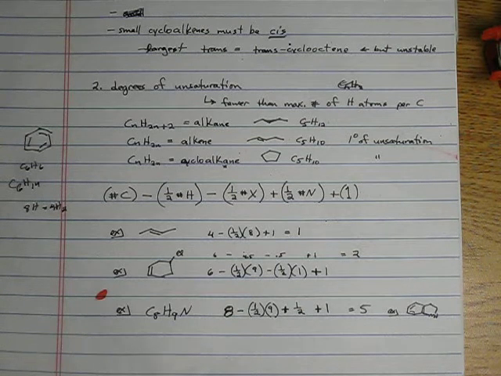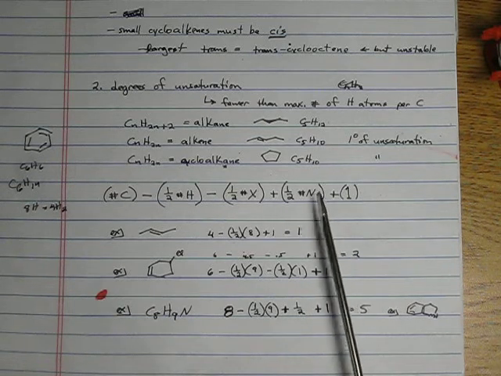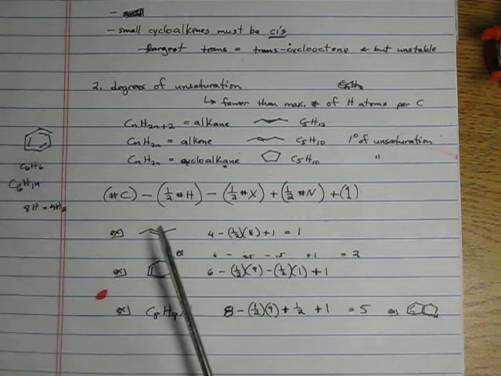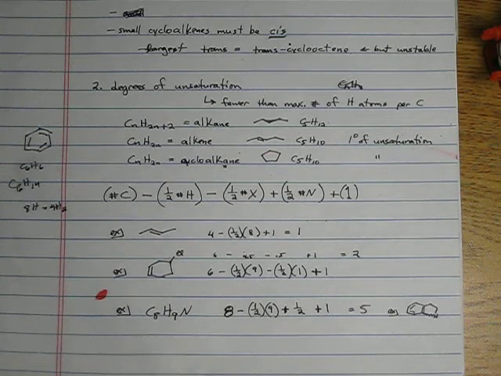Phosphorus goes under this too because it's the same as nitrogen. But oxygen and sulfur: note there's no oxygen in this formula because we don't worry about it. The oxygen isn't involved in the degrees of unsaturation. Even if it's a double bond to the oxygen, it's not in the formula. So this formula works on almost any molecule you will come into contact with.